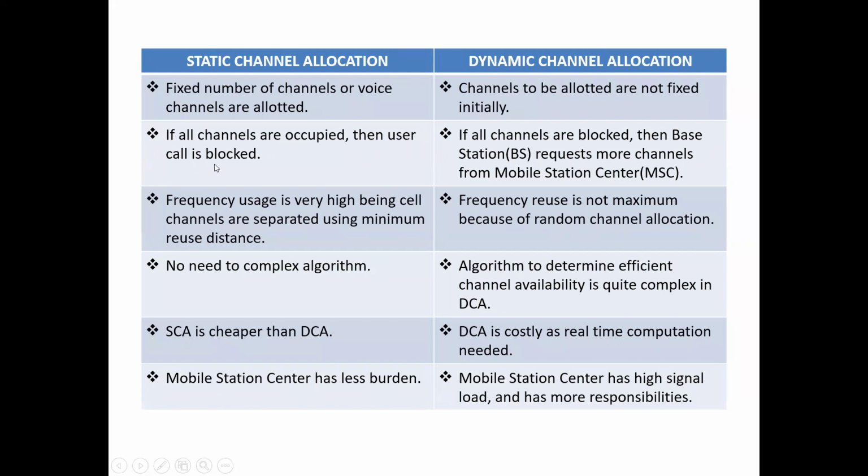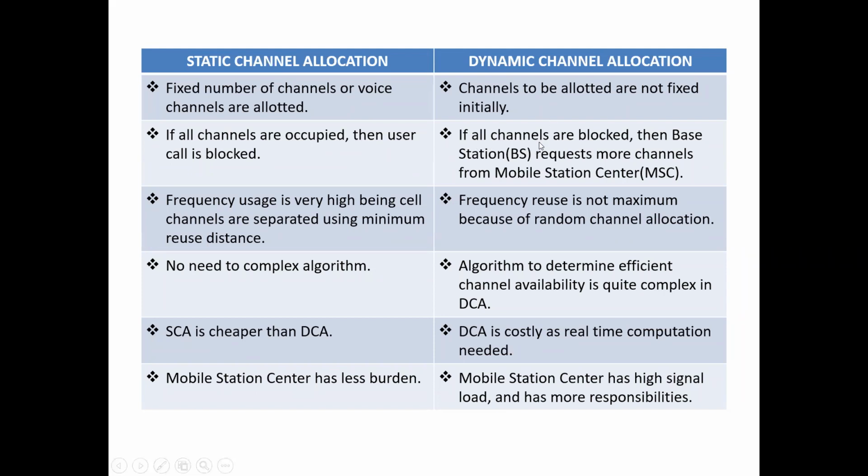Why? Because here, see the second difference. If all channels are occupied, then the user call is blocked. And in dynamic channel allocation, the mobile station center has high signal load and has more responsibilities. Why? Because here in the second difference, if all channels are blocked, then the base station requires more channels from the mobile station center.